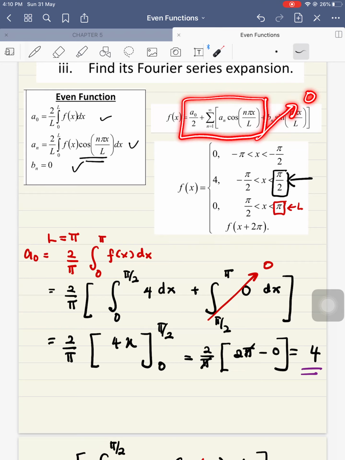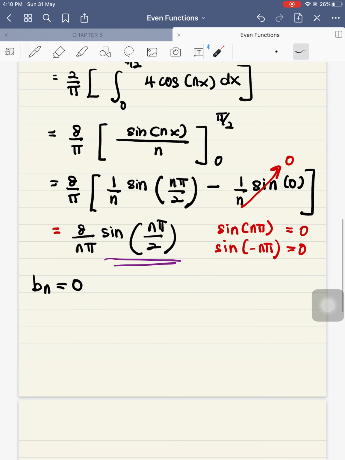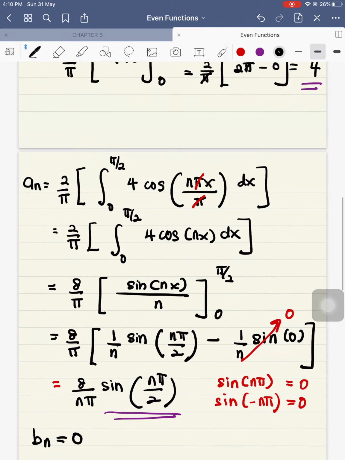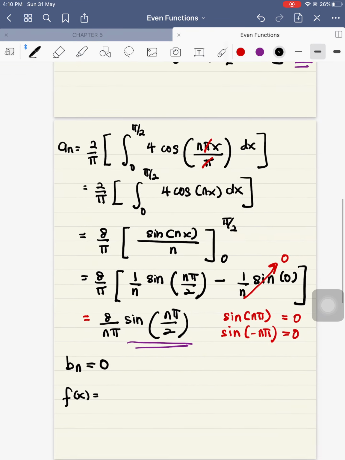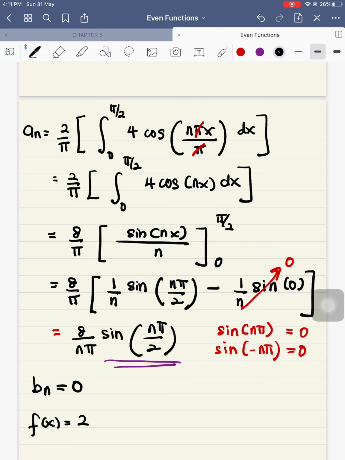So you left with this one. Okay, so therefore you will have your Fx is equal to A naught over 2, since your A naught is equal to 4, so 4 divided by 2 will give you 2, plus summation of n is equal to 1 until infinity.